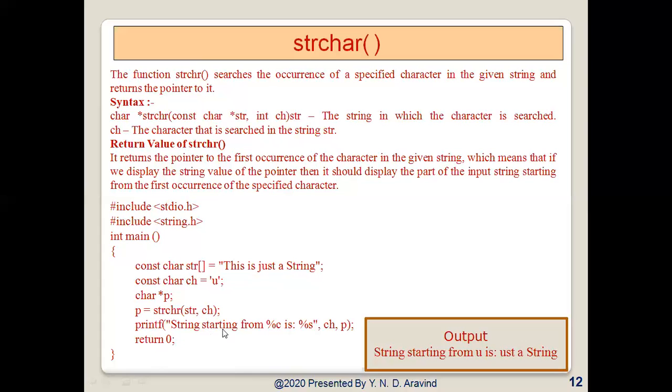So when I use this operator, the pointer p is placed there, and I am printing the value from that pointer. Since it returns the pointer to this place, when I print the value, it gives ust string, because it places the pointer at u. So this is how we use the strchr function.